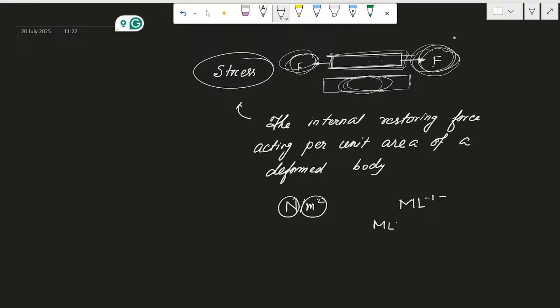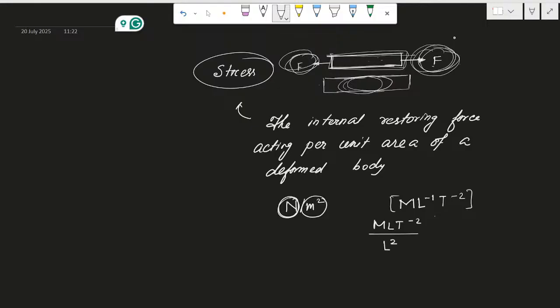Actually M L T to the power minus 2 is the dimension for force, and that divided by L square gives M L inverse T to the power minus 2. Okay, clear? So this is about the stress concept.